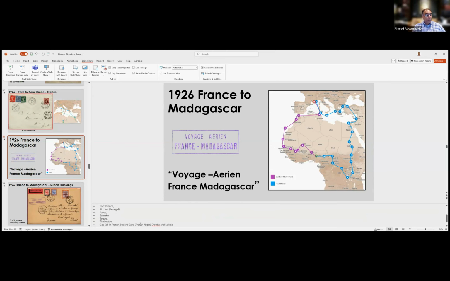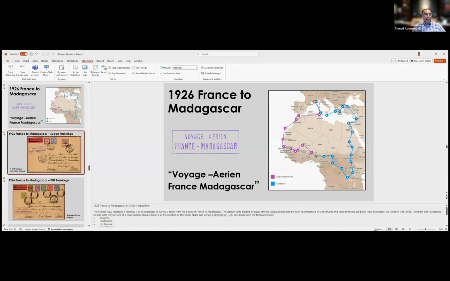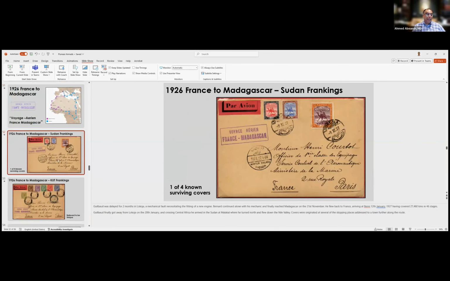There were two planes. One, Bernard, continued to Madagascar, and the first pilot, Goulette, flew back to Paris eventually after the plane was fixed, at a fairly leisurely rate. These are, I think, the most colorful covers.